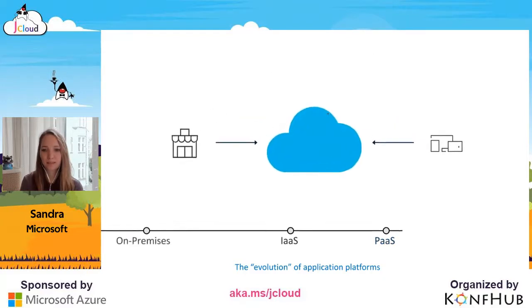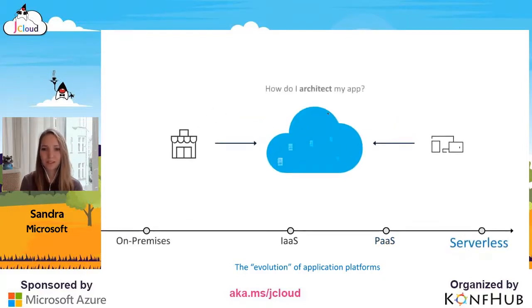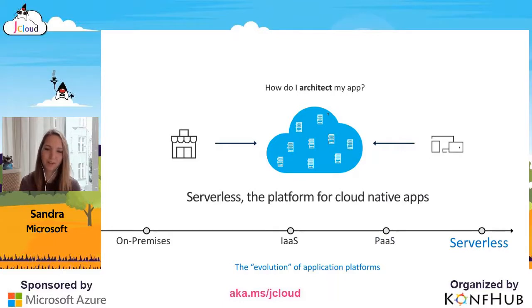And the next step is obviously serverless. There I can really focus on how I architect my app, because everything server related is already taken care of. I don't mind which OS is running, as I only focus on my app and my code, make it just work and then ship it to production.